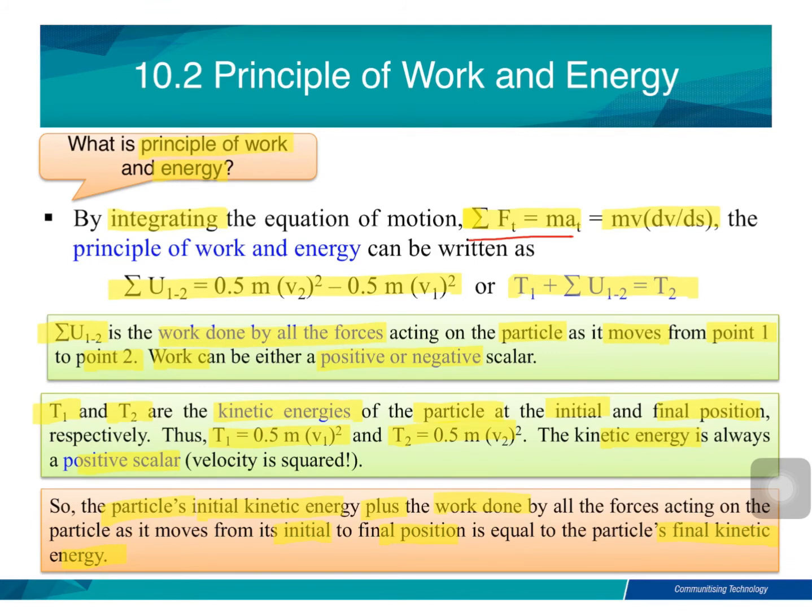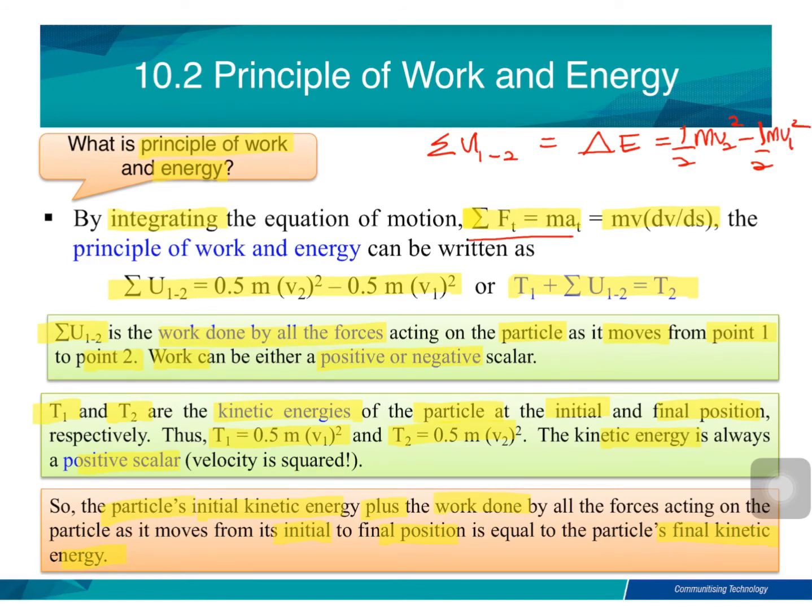So this is the principle of work and energy: the total work done from the initial position to the final position is equal to the change of the kinetic energy. This kinetic energy comes from half mv2 square minus half mv1 square.